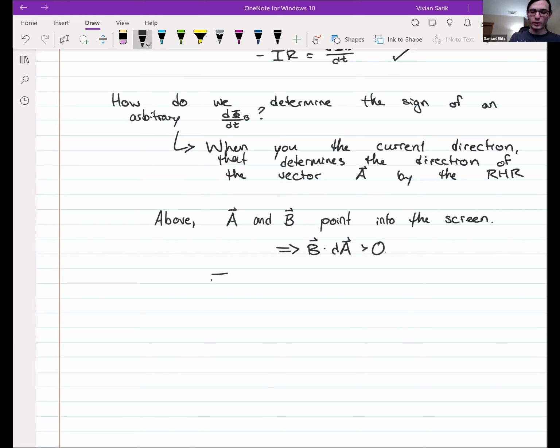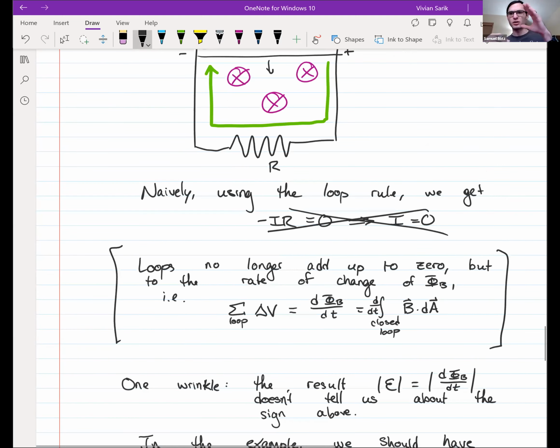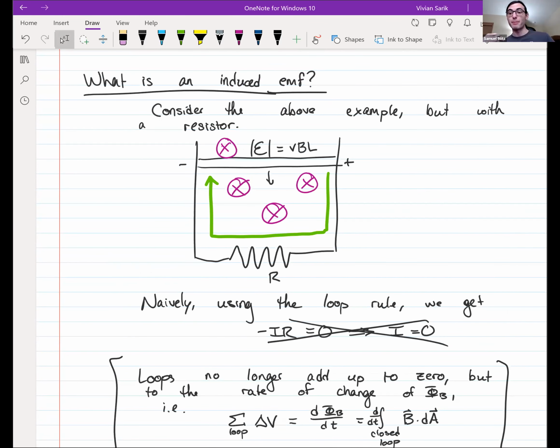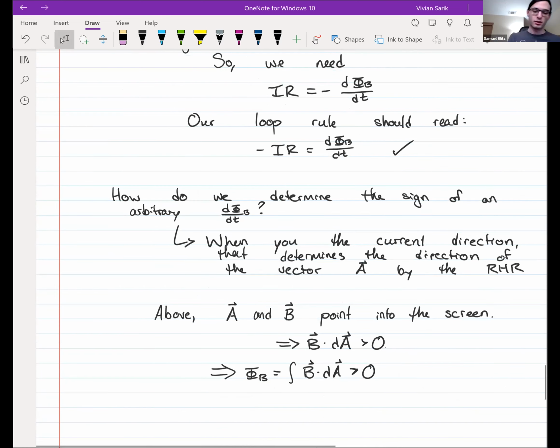And so we have phi sub b, which is equal to the integral of B dot dA. So you're integrating a bunch of positive things. So you're adding up a bunch of positive numbers. You get a positive number at the end of the day. And then we know that the magnitude of the flux is decreasing, right? The area is decreasing, magnetic field staying the same. So the magnitude of the flux is decreasing.